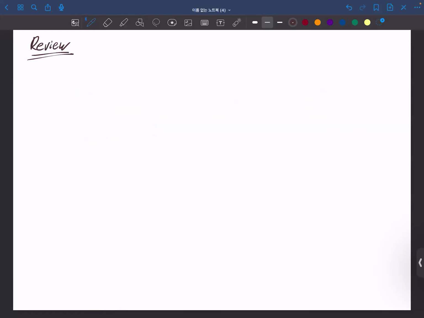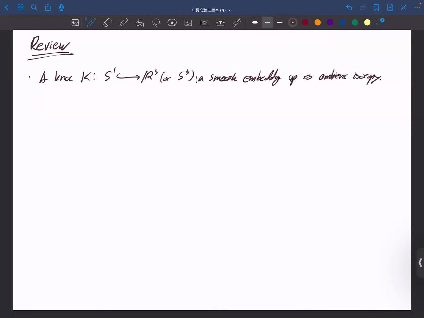Last time, we first introduced what a knot is. A knot is a map from S1 to R3 or S3, or precisely a smooth embedding up to ambient isotopy. And what is ambient isotopy?